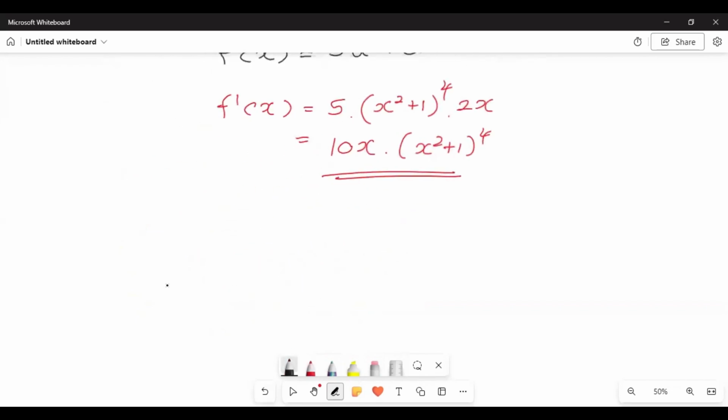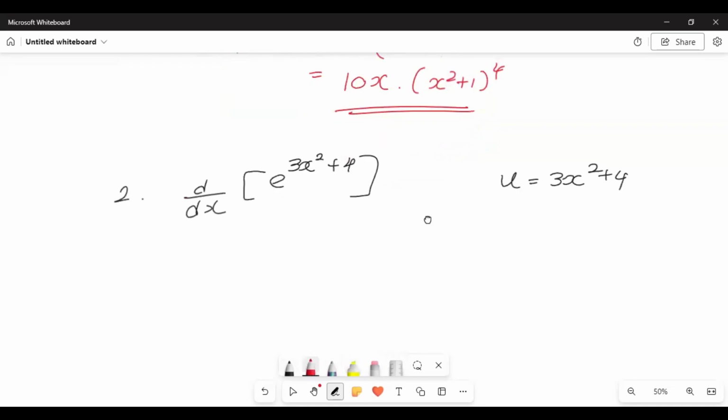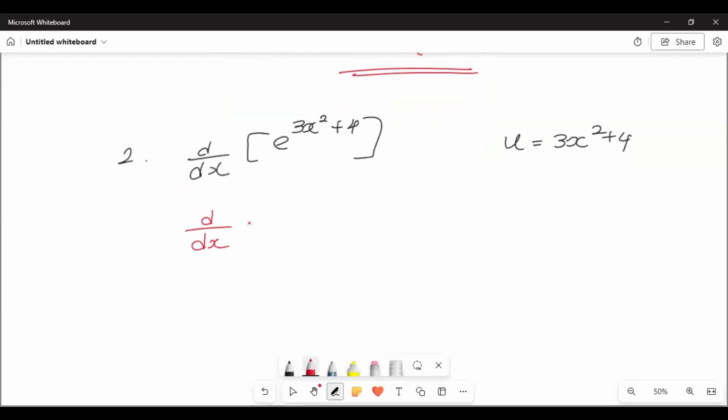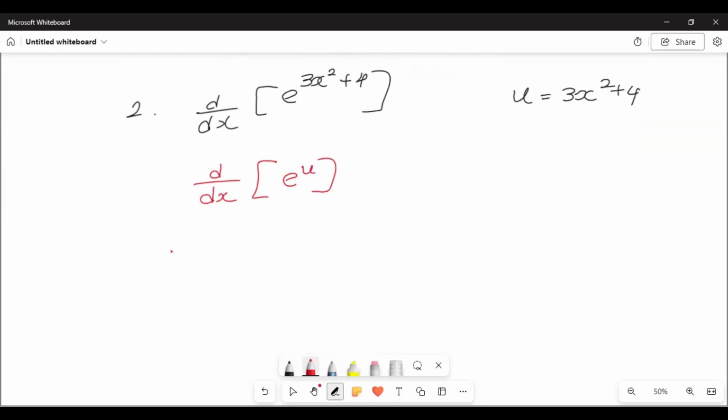Question number 2. d over dx of e to the power of 3x to the power of 2 plus 4. So we can assume u equals 3 times x to the power of 2 plus 4. Then we can write d over dx of e to the power of u.